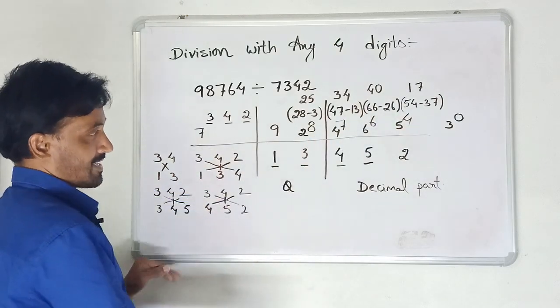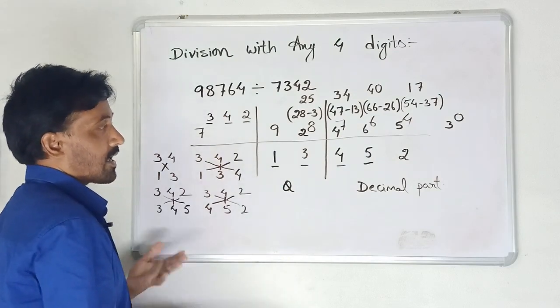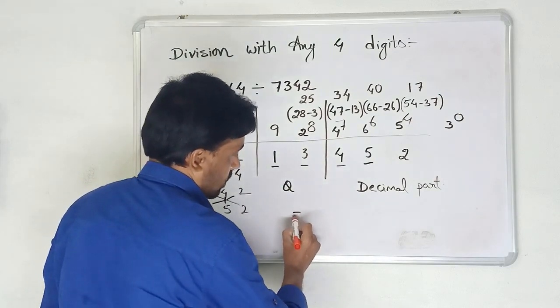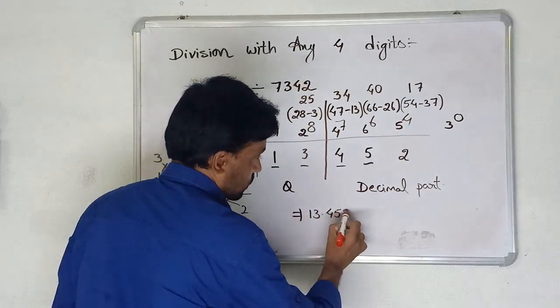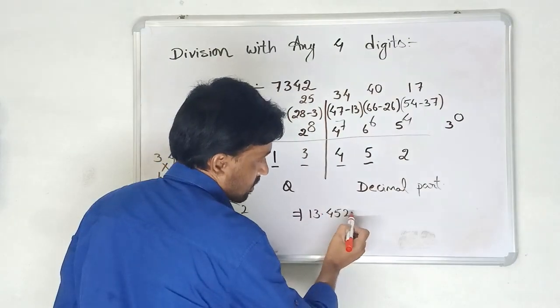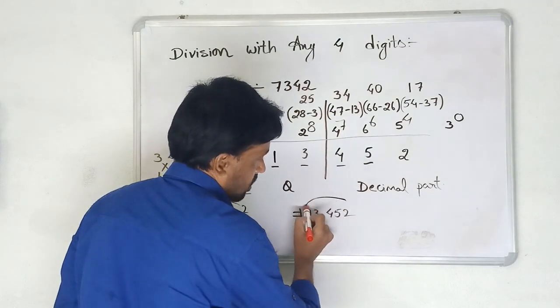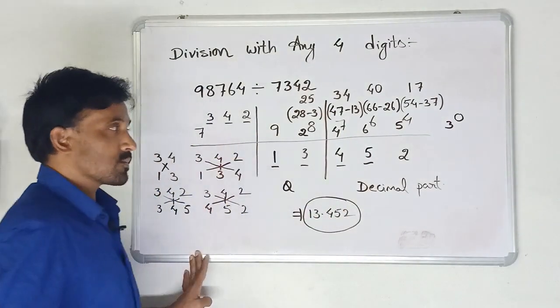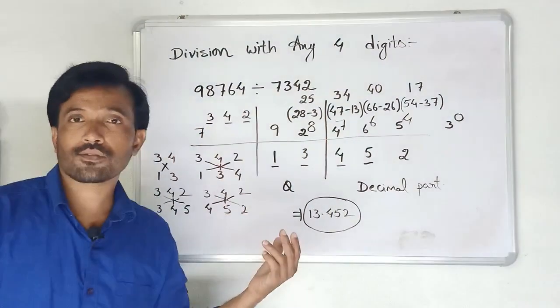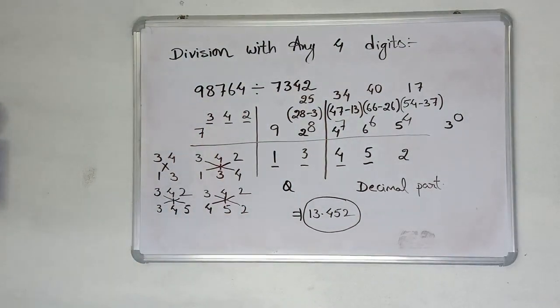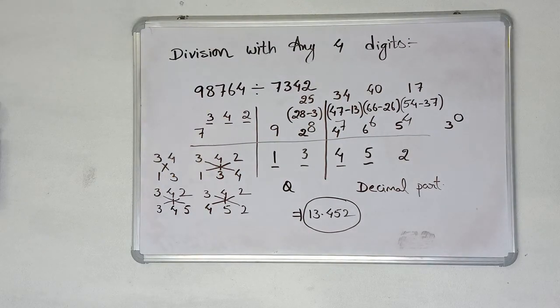In such cases, when it asks for an approximate value, your answer is 13.452. Observe, only after 3 decimals. Okay, so this is known as division with 4 digits. Note it down.